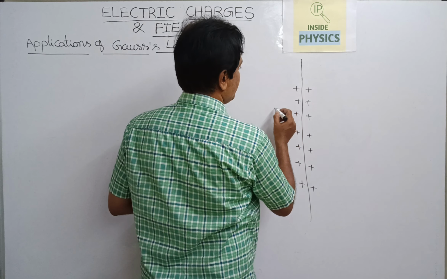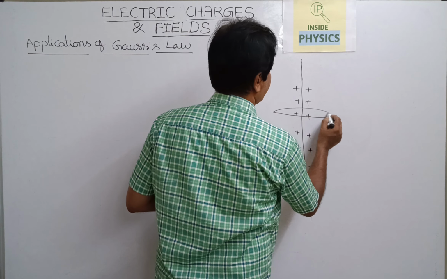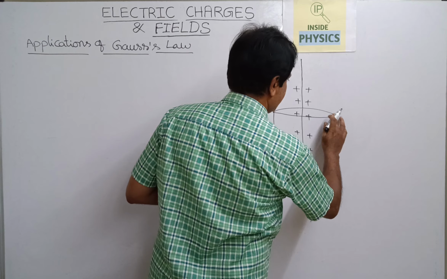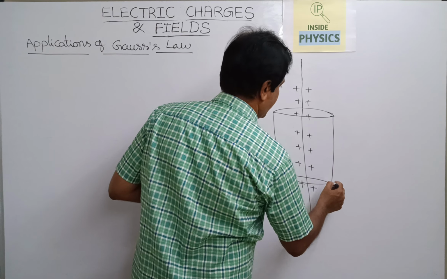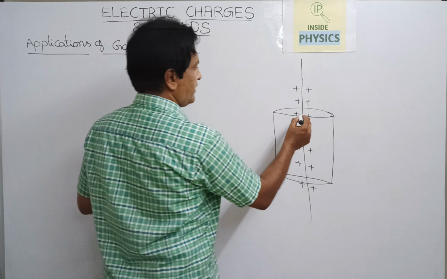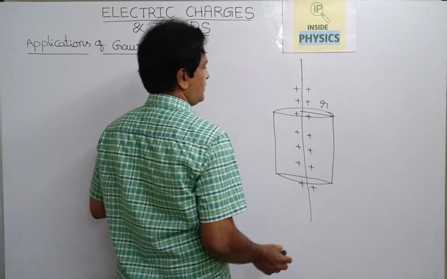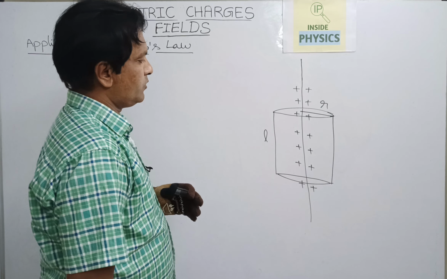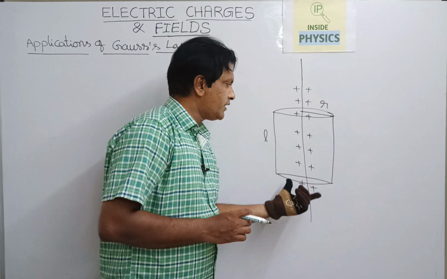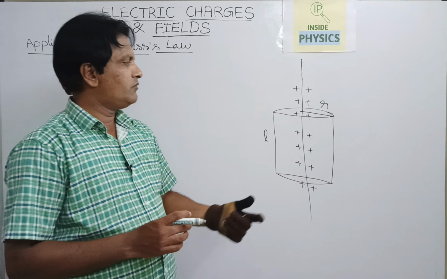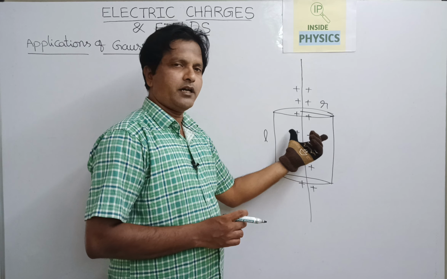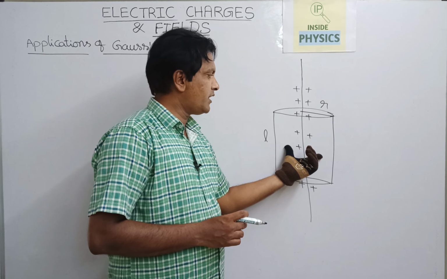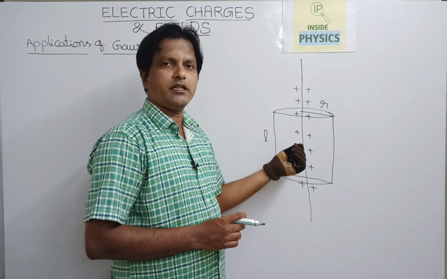So here we will take an imaginary cylinder around this conductor, with radius small r and length L. According to Gauss law, first we calculate the flux passing through this surface. The charge enclosed inside the surface is the cause of the electric flux.